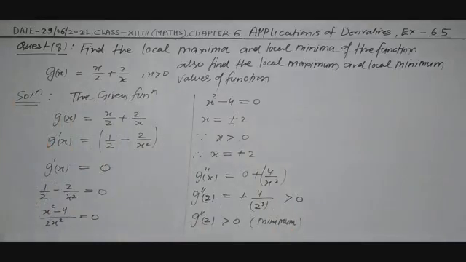And what will be the local minima? That is x is equal to 2, and the local minimum value is, put x is equal to 2 in this function. You will get 2 by 2, 2 by 2, result you will get 2.